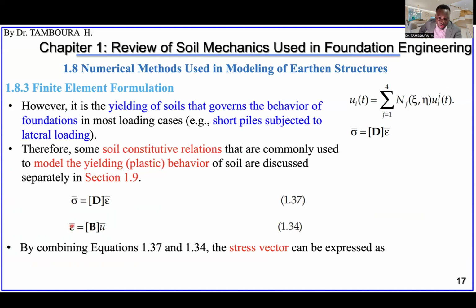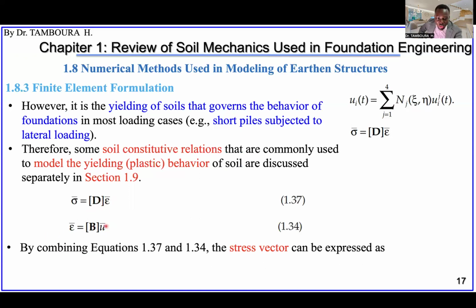After obtaining the strain, you use the strain with the matrix D to obtain stress. Actually we use the displacement to obtain strain, but we then link the stress and the strain together by using this matrix. Does that sound better?